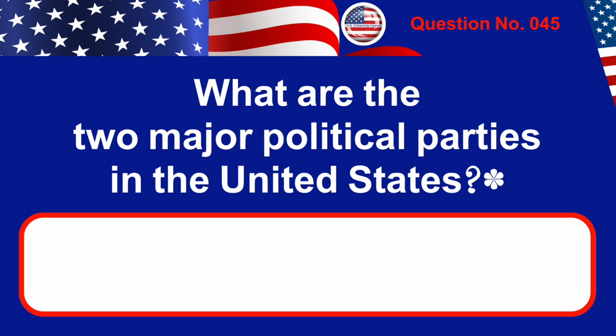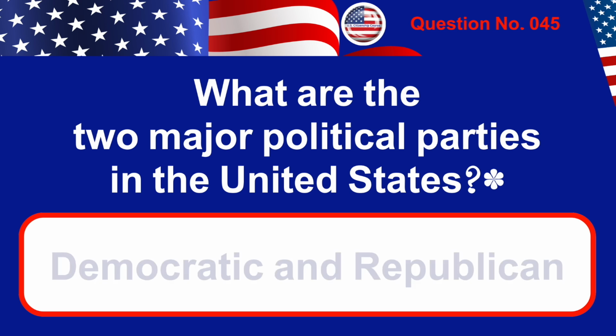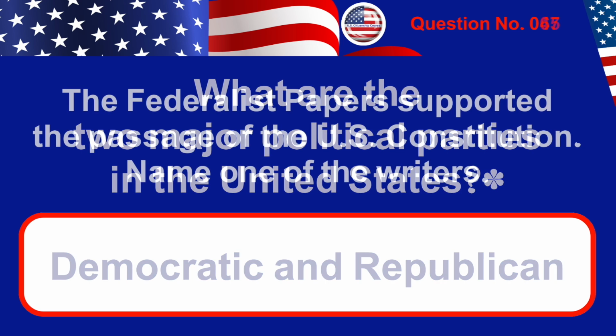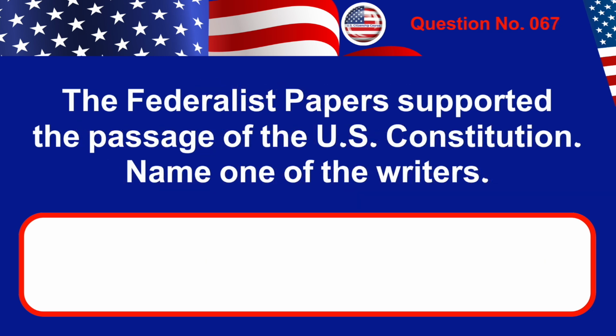What are the two major political parties in the United States? Democratic and Republican. The Federalist Papers supported the passage of the U.S. Constitution.